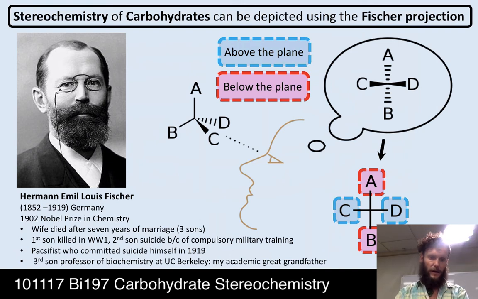And then Emil Fischer himself, after having lost his wife and 2 of his 3 sons, committed suicide at the end of World War I.